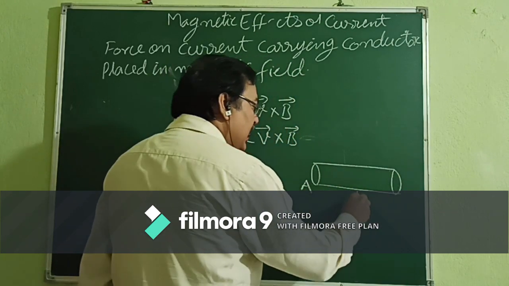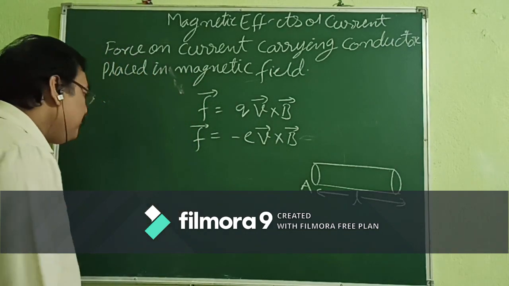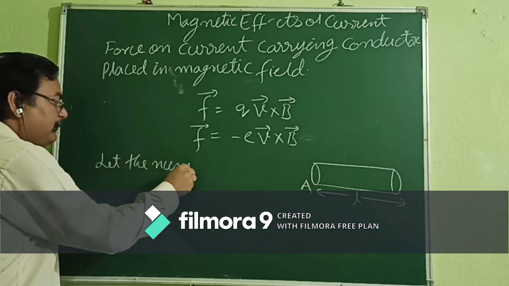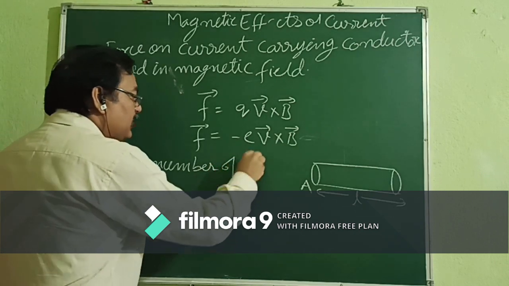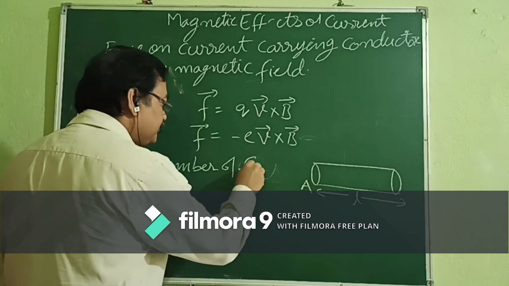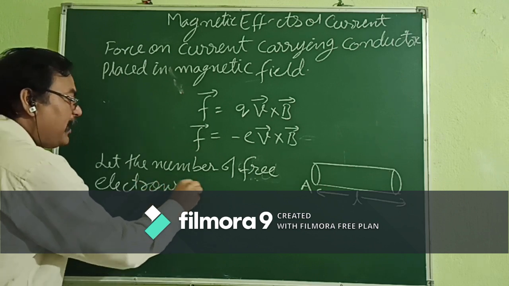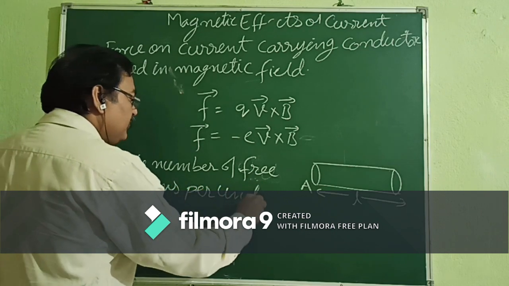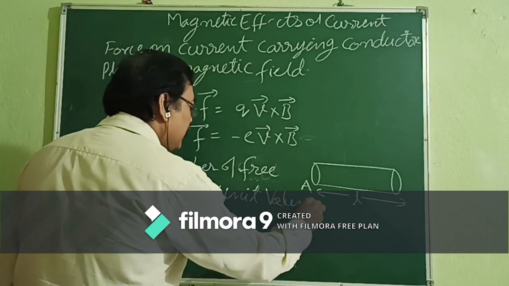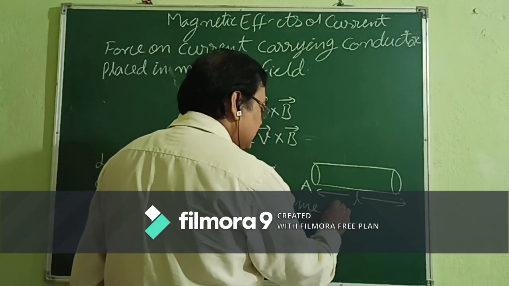The area of cross section is A and the length is L. Now let the number of free electrons per unit volume be n.